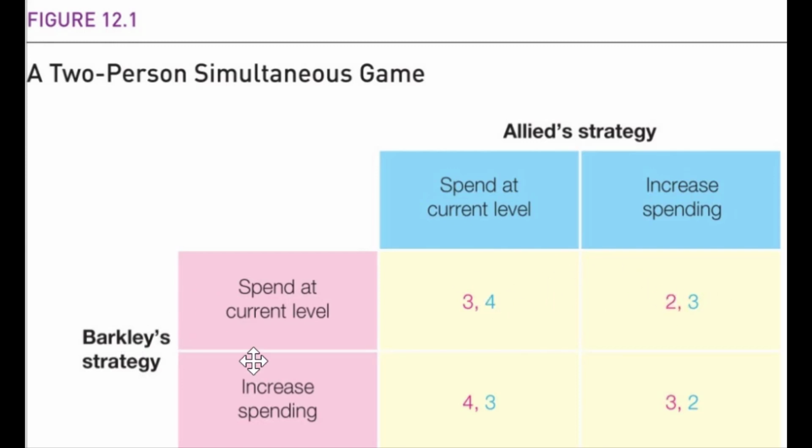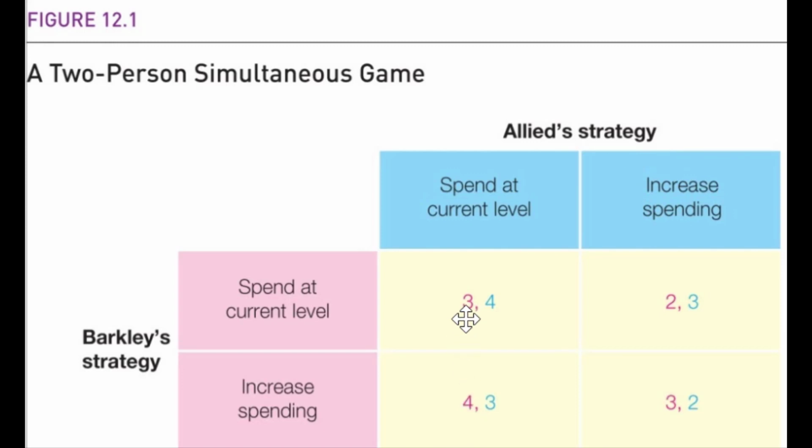But then his other strategy, which is taking action of increasing spending, can generate 4 or 3, depending on Allied's strategy, right? So if you compare 3 and 2 versus 4 and 3, then increasing spending generates 4, which is greater than 3, if Allied takes action of spending at current level, or 3 versus 2, 3 is greater than 2 when Allied takes action of increasing spending.